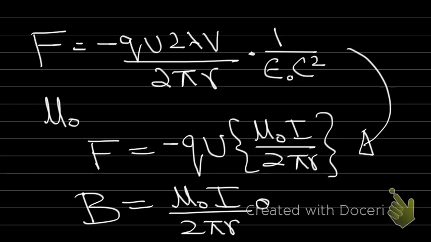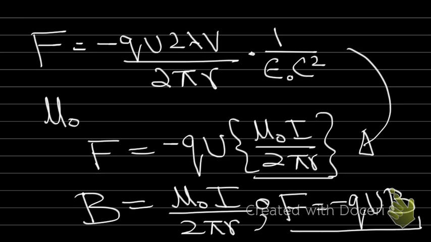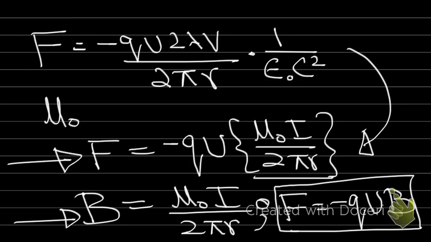And so my F is equal to negative q times the velocity u, and this thing is B. So if you recall that B is equal to this equation over here, this itself is then the magnetic force, the magnetic force that you most commonly know. That is F equal to negative quB, which is the magnetic force.